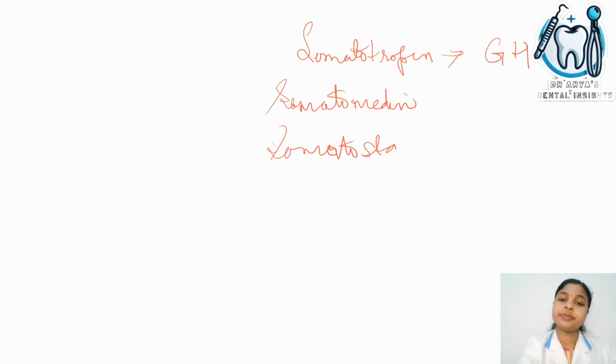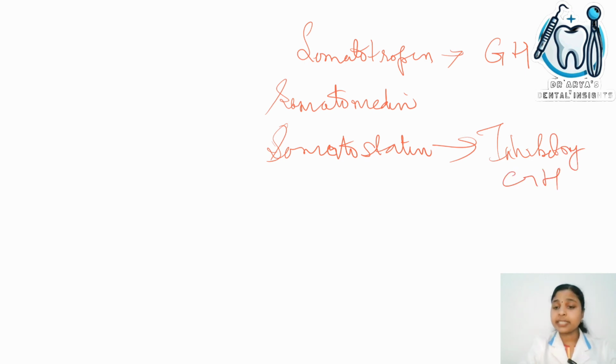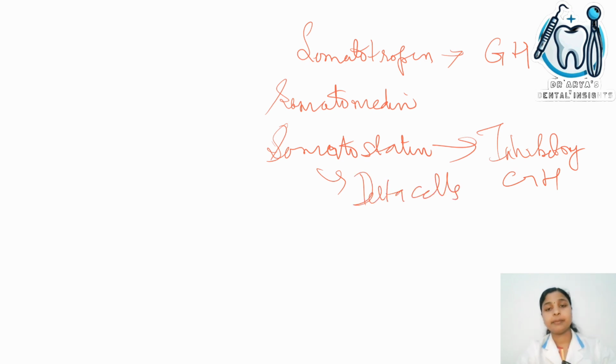Then come to somatostatin. What is somatostatin? Statin means to stop, right? Somato means growth. So it is an inhibitory hormone of growth hormone, and it is secreted by delta cells of islets of Langerhans in pancreas.